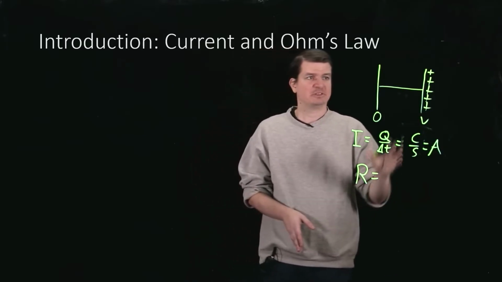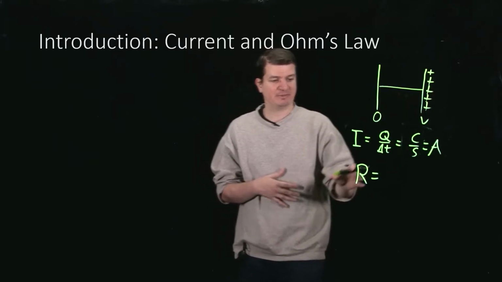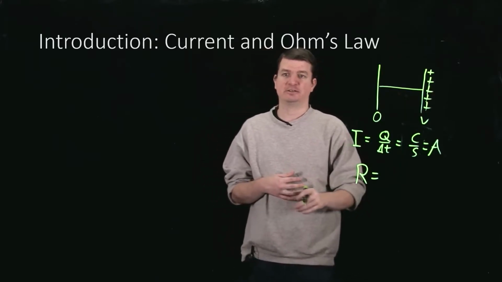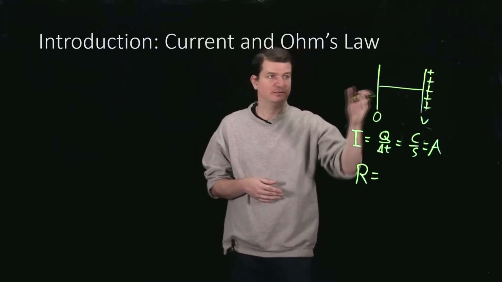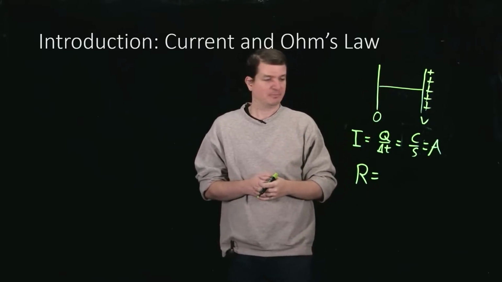It describes how easily things flow. When that value is higher, that means more resisting of the flow, and if it's lower, then the flow is much freer.